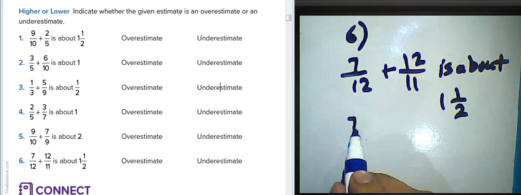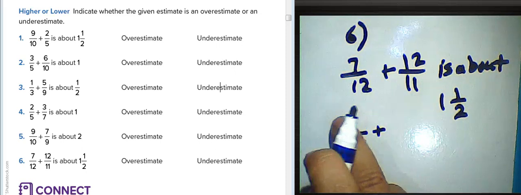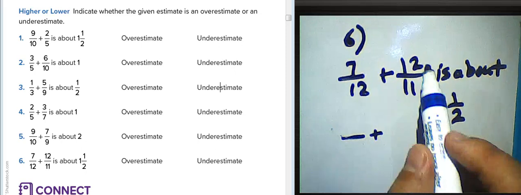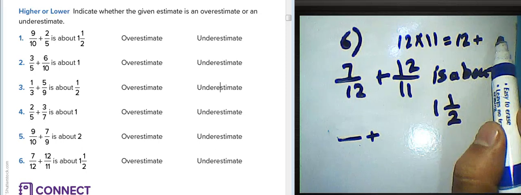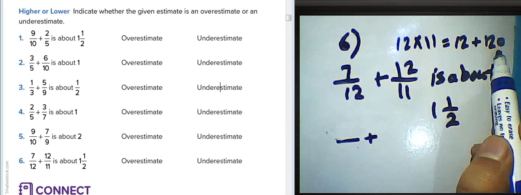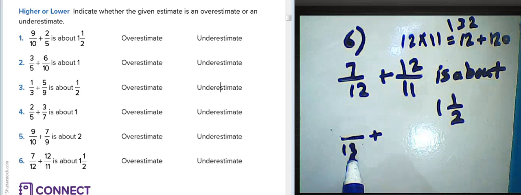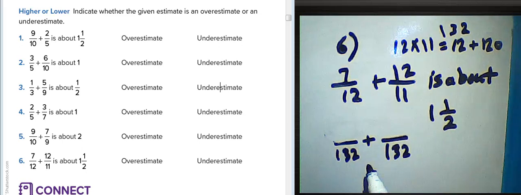First, we write 7 over 12 and find the common multiple between 12 and 11. 12 cannot be divided by 11. So we find the least common multiple between 12 and 11 by multiplying them. 12 times 11. We write 1 times 12 equals 12, plus 0, 1 times 12 equals 12, and then we add them. 0 plus 2 equals 2, 2 plus 1 equals 3, and then write 1. The result will be 132. Okay, 132 is the least common multiple between the two denominators here.